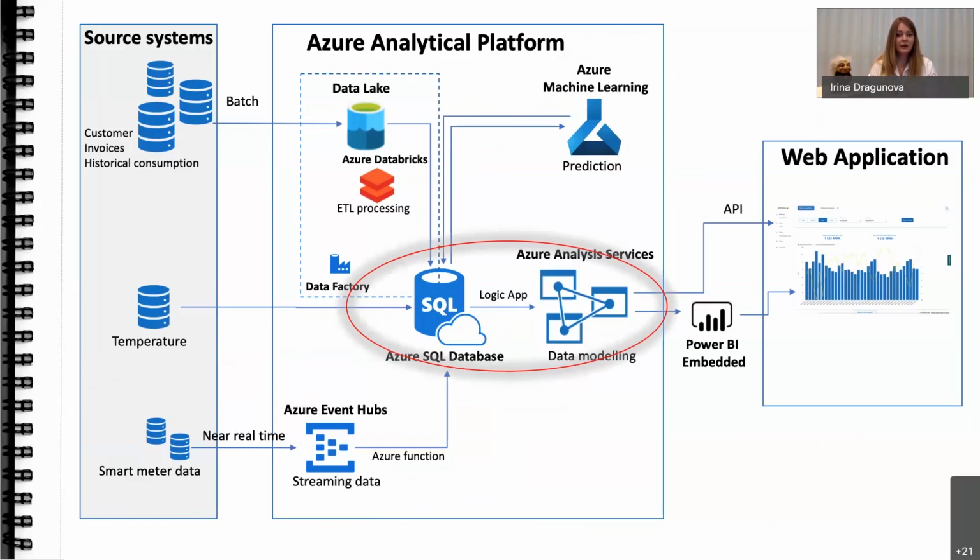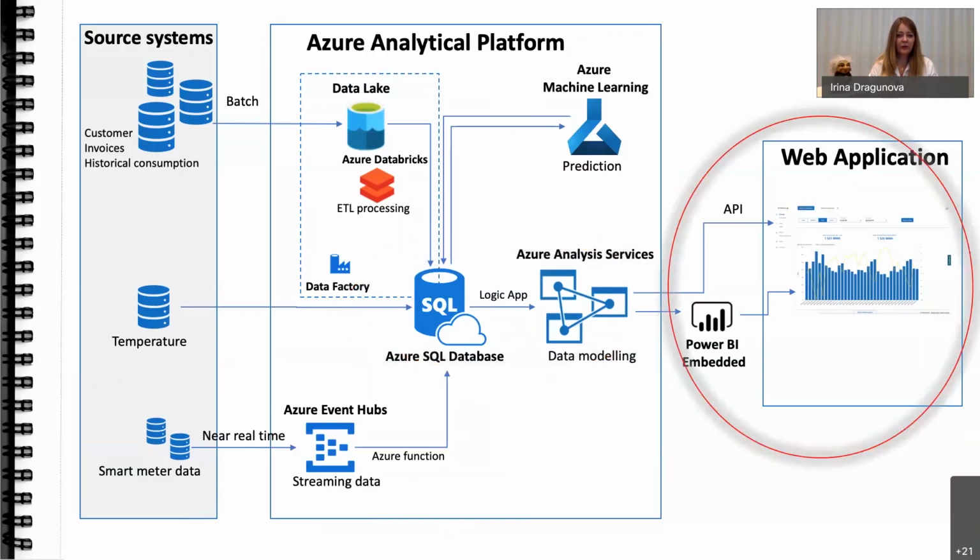This data is highly compressed, cached in memory, and our model can easily handle really massive amounts of data. Every time our data is updated in the SQL database, a Logic App gives a signal to Azure Analysis Services: hello, we've got new data, and it triggers a cube refresh. And we can, of course, refresh the cube manually if needed.